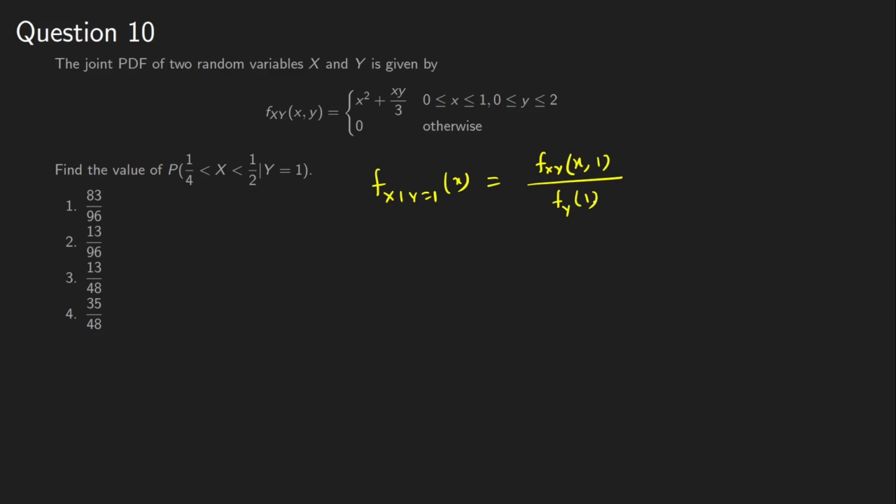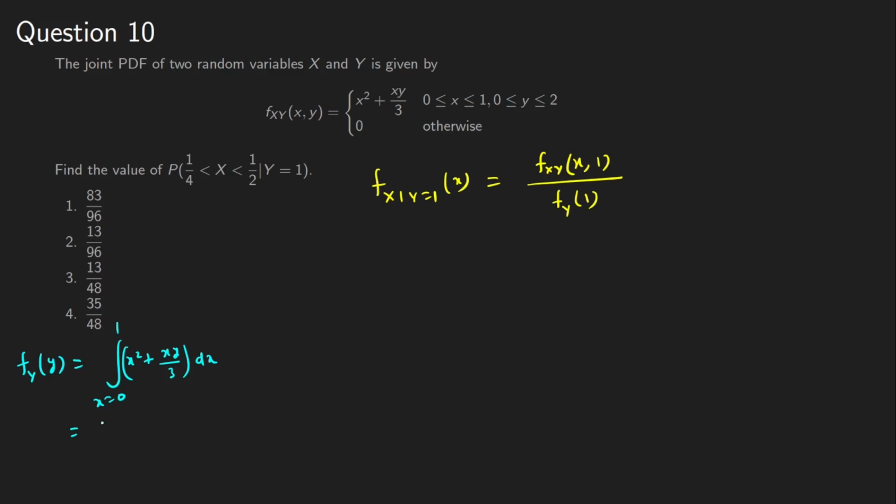The marginal of y, f_Y(y), can be written as the integration of the PDF x squared plus xy by 3, and we integrate it over the full range of x, so x goes from 0 to 1.